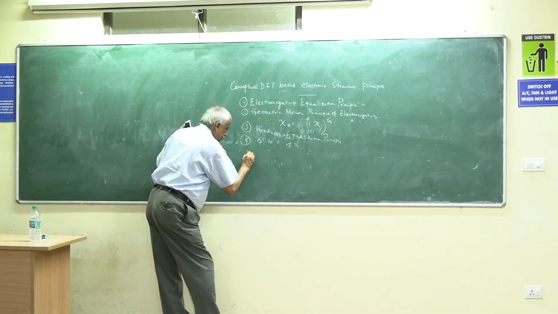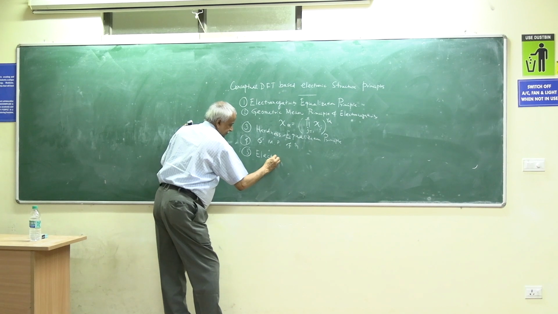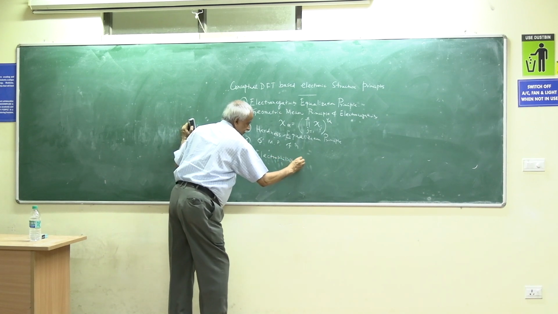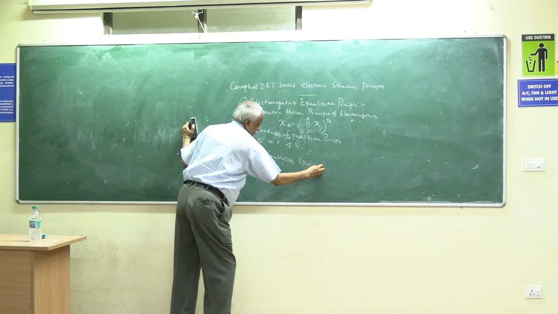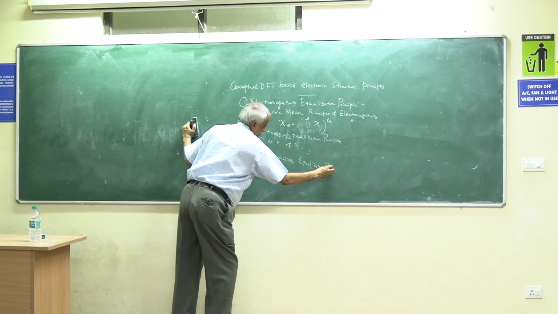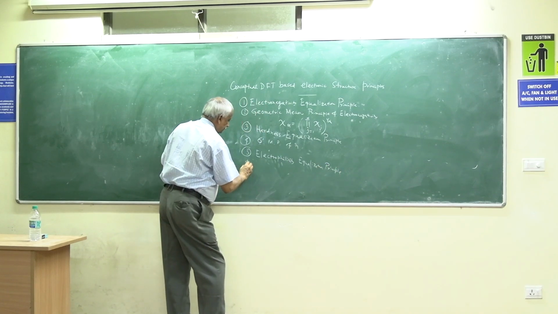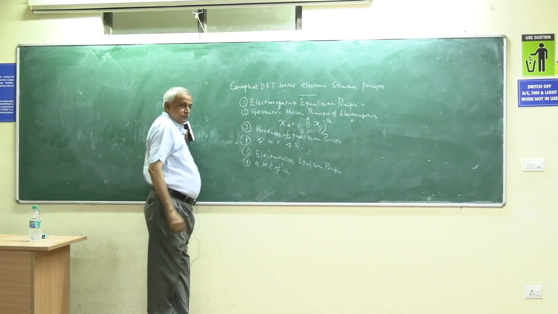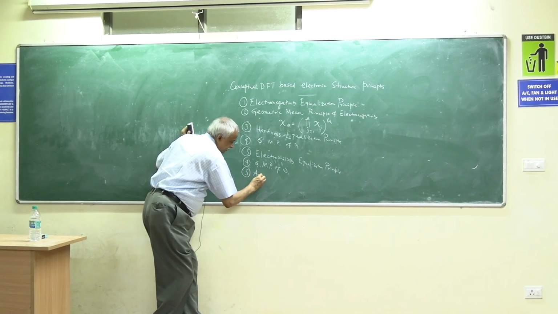Then you get electrophilicity equalization principle, and geometric mean principle of omega. And of course you get another one, arithmetic mean principle.